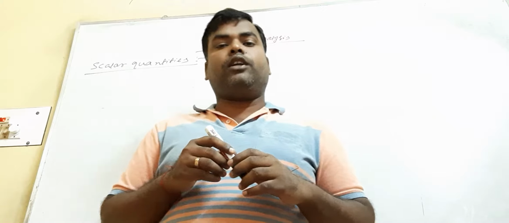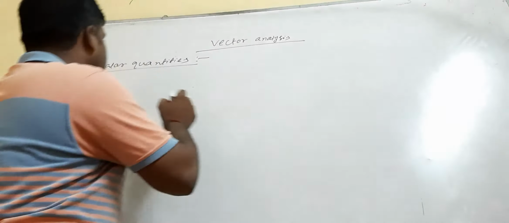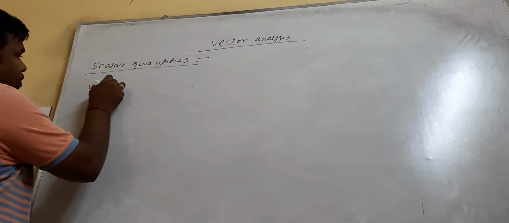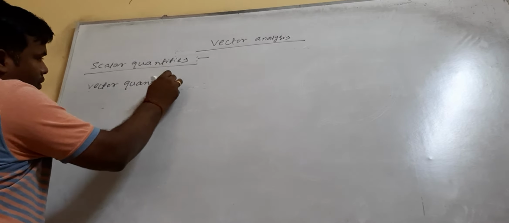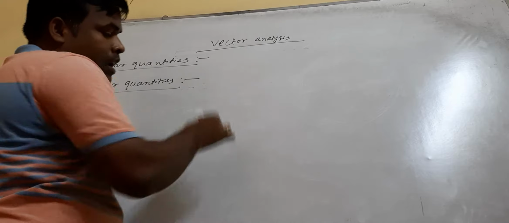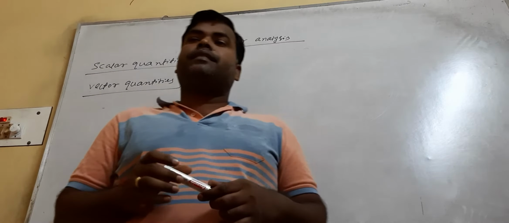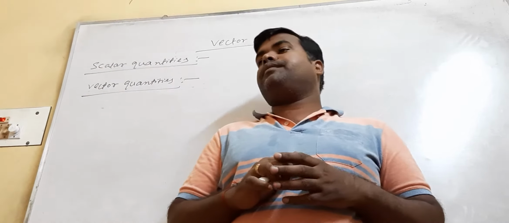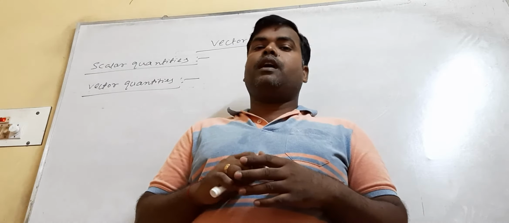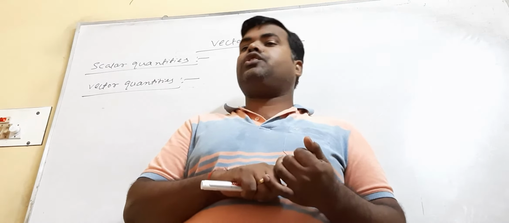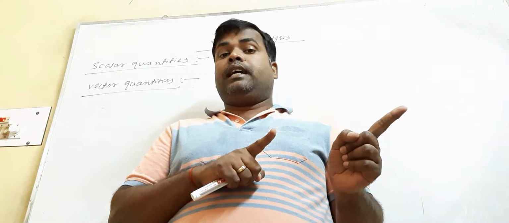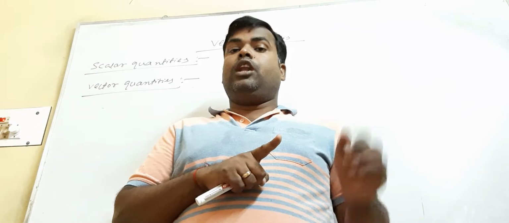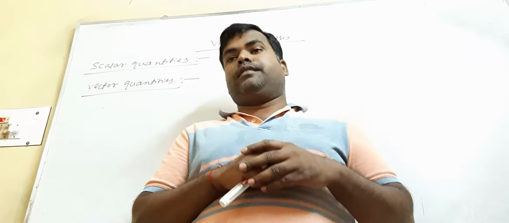So now come to vector quantities. Vector quantities are the quantities which have both magnitude and direction, and another point is that they obey the laws of vector addition.